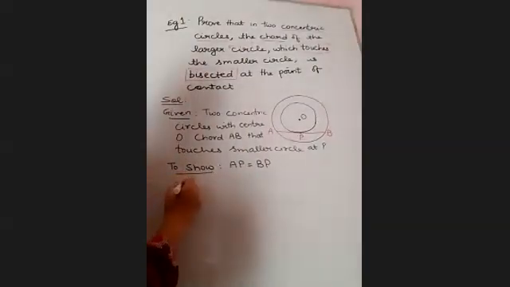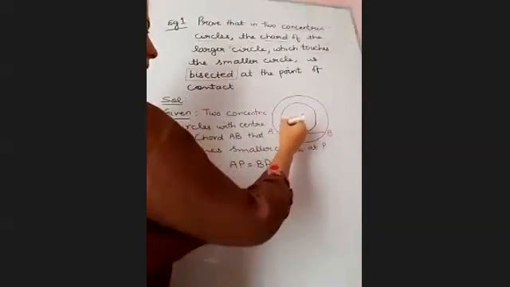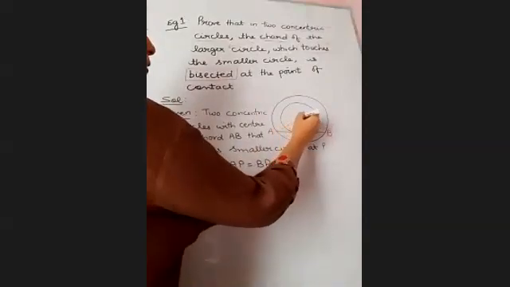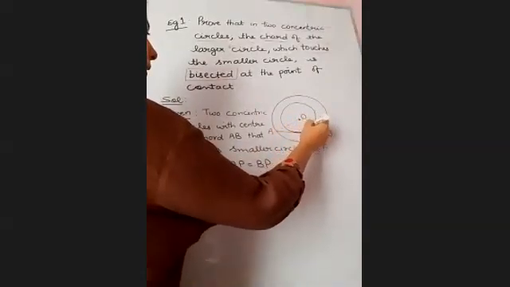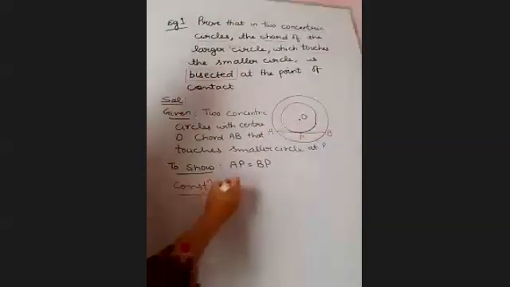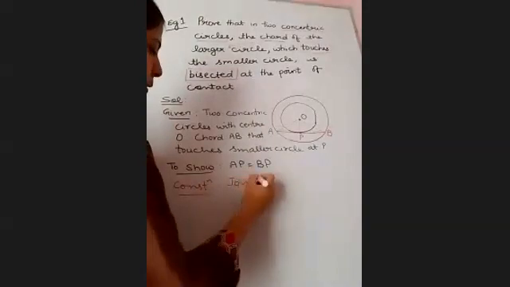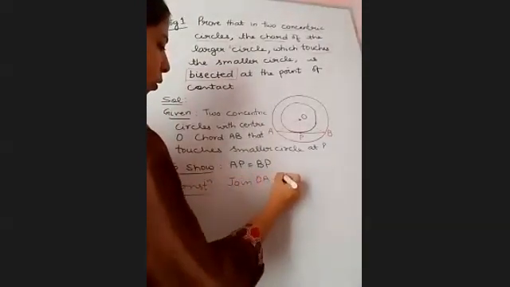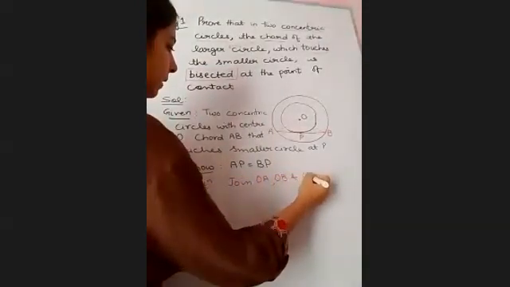Now to do this, we are going to do one construction. What construction? We are going to join OA, OB, and OP.